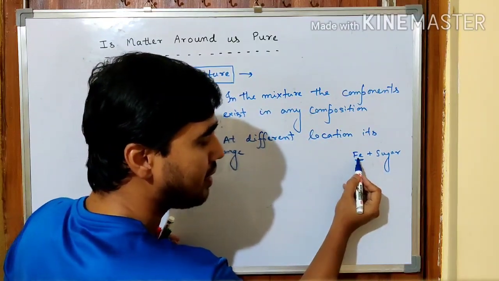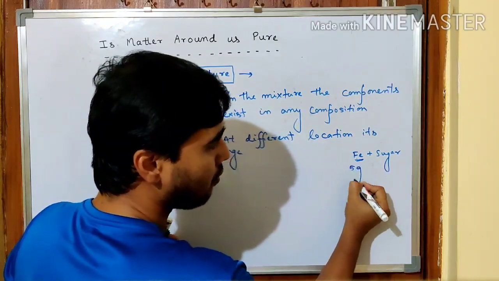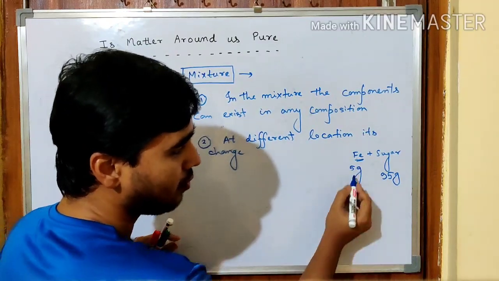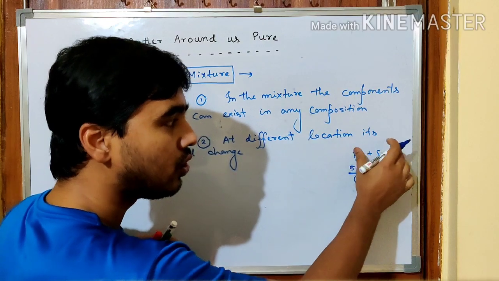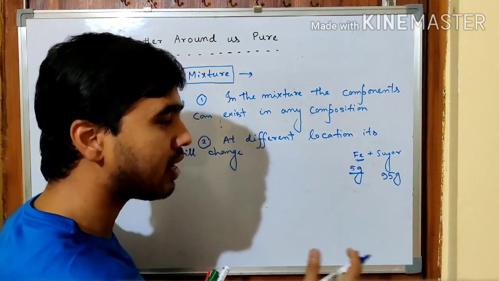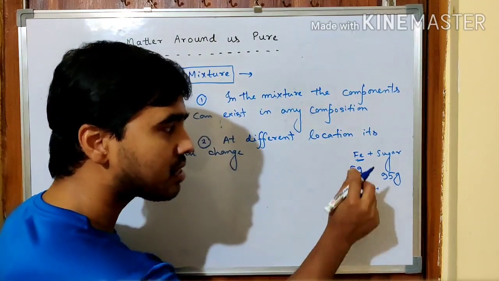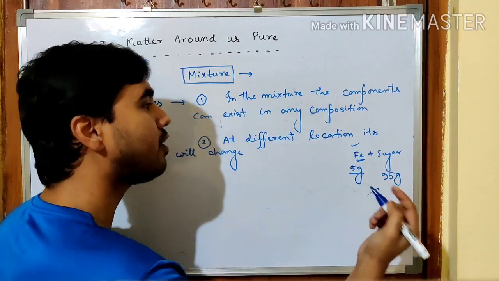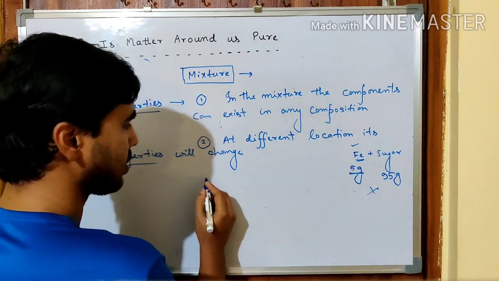Say you take 5 gram of iron and you take 95 gram of sugar. Do you think the 5 gram of iron will be distributed uniformly into the larger amount of sugar? It cannot be. In some places the amount of iron will be more, in some places less. So obviously its properties are also going to change.